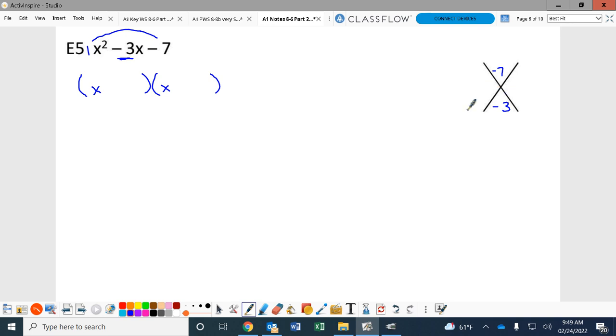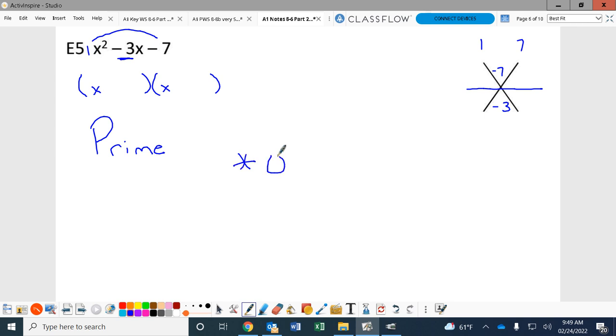Guys, what are the factors of 7? 1 and 7. Can 1 and 7 ever add up to 3 in any way, shape, or form? Guys, it's not possible. When something is not possible for it to be factored, we write down that it is considered to be prime, meaning it's broken down as much as it possibly can be broken down. Listen to me, I'm going to put a star here. Please write this down.